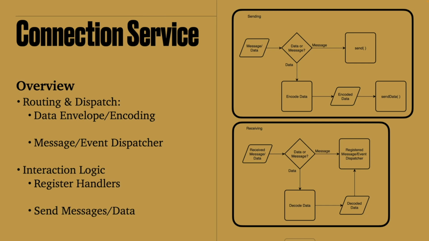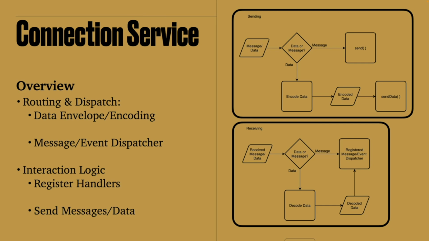So before we move on, though, I've got some flowcharts on the side there that describe how these two functionalities work and what we're doing. When we go to send, we're going to get our message data and determine whether it's a message or data. If it's a message, we're just going to send it, because again, we don't need to do that encoding. Otherwise, we're going to encode our data and then send our data.